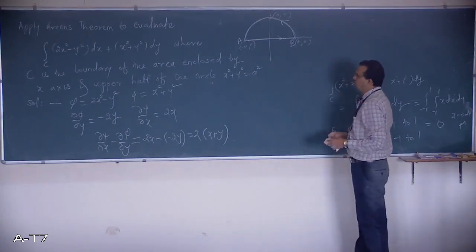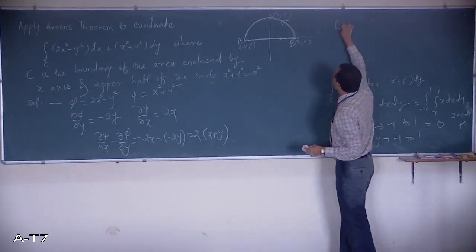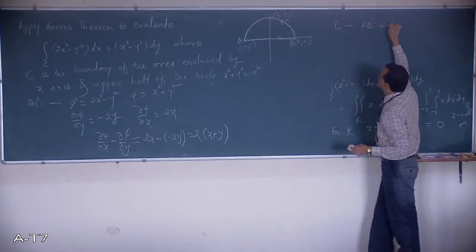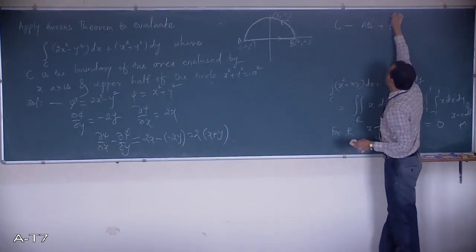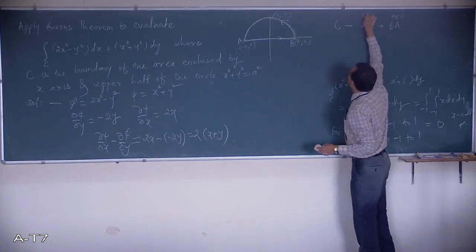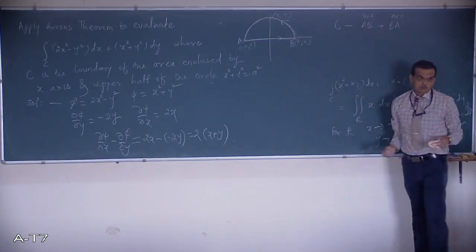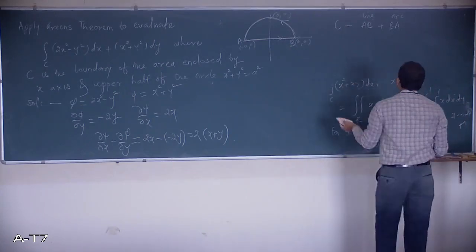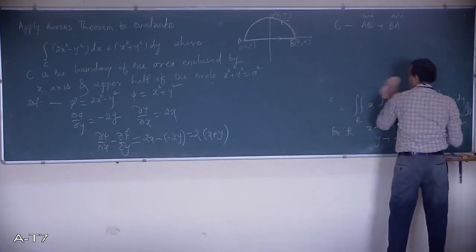So how is the closed curve C formed? Line OB plus arc BA. Closed curve: line AB, arc BA. So that's why I have written it on top.